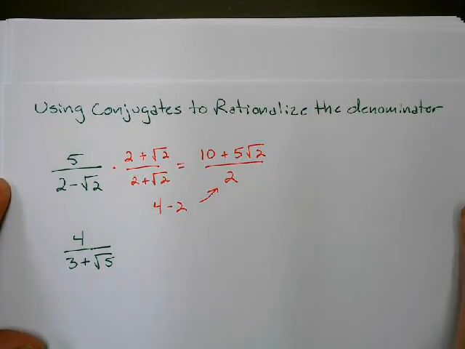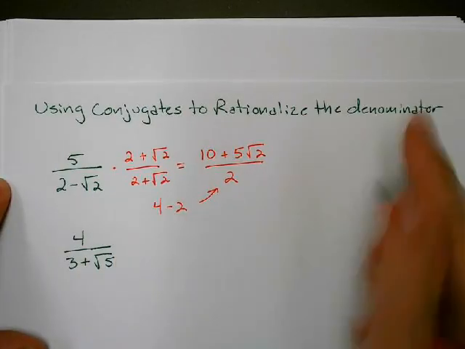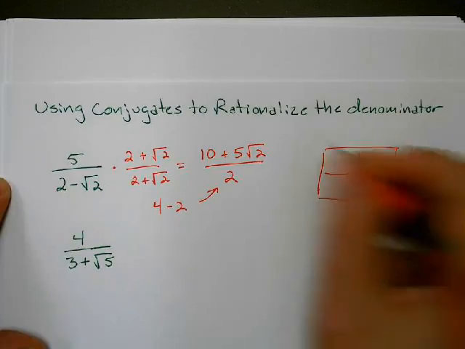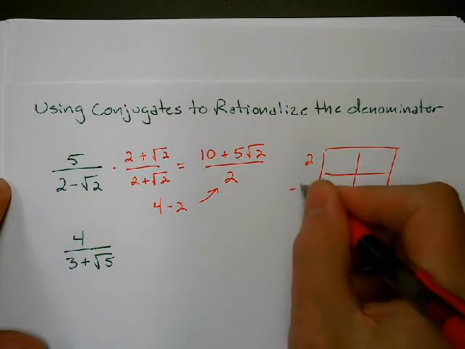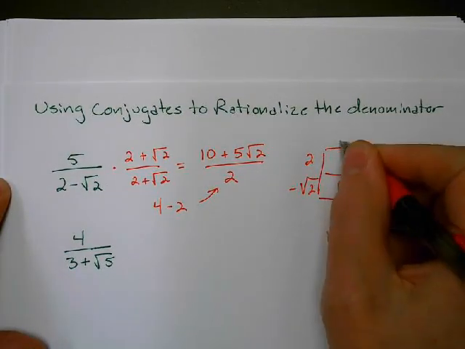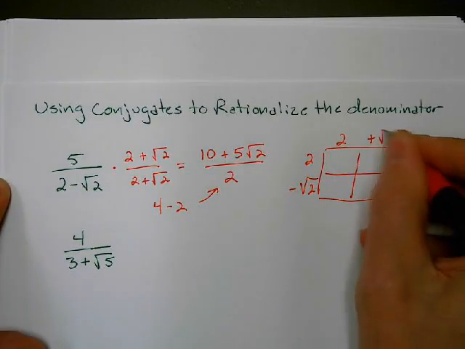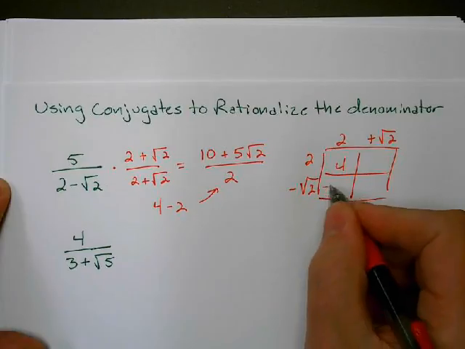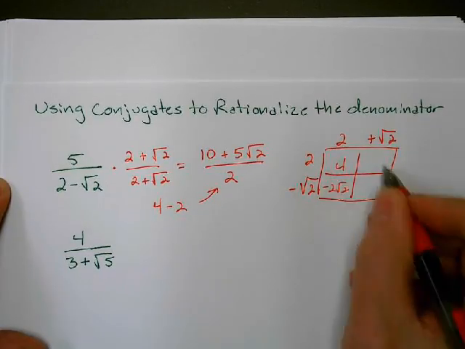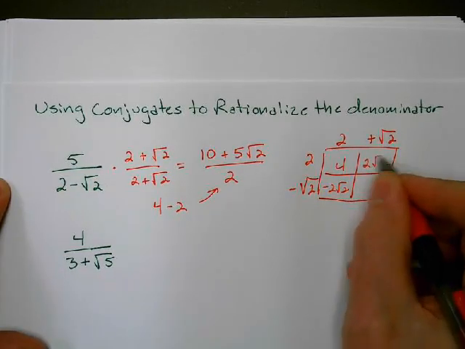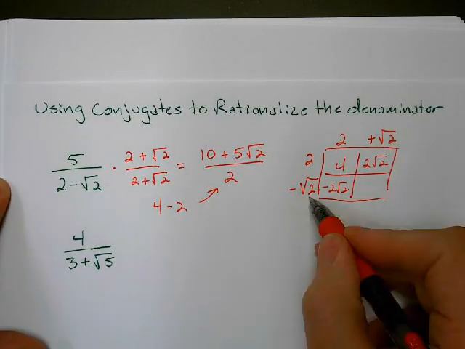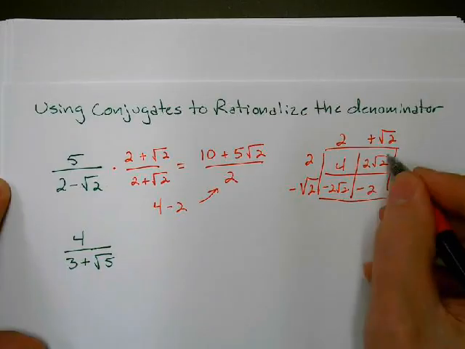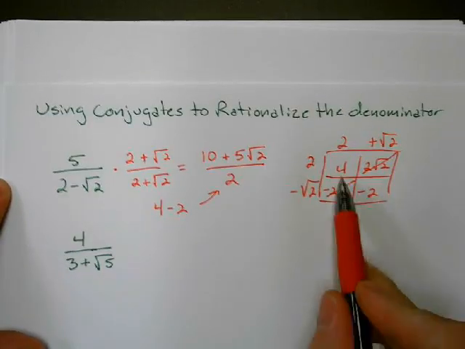If that confused you what we did right there, just remember that if you do an area model, you can see what's happening with our numbers. Two times 2 is 4. 2 times negative root 2 is negative 2 root 2. 2 times positive root 2 is 2 root 2. And root 2 times root 2 is 2, and then it's negative, so negative 2. So these canceled out, and I'm left with 4 minus 2, which is 2.